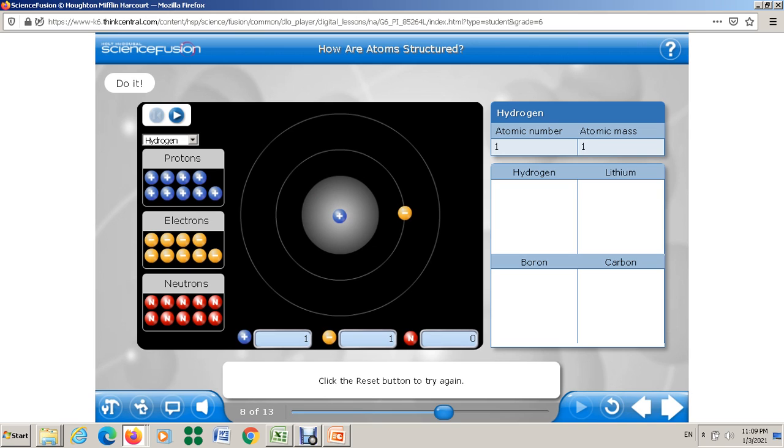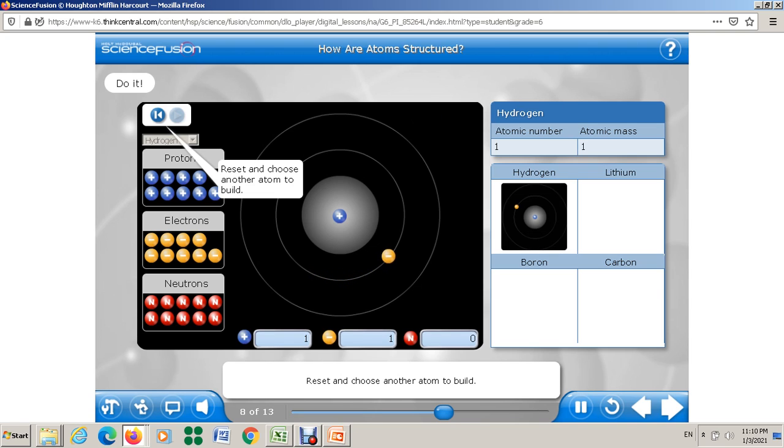They said 1, which means the number of protons plus the number of neutrons is only 1. So no neutrons, as you see here. Let's see if it's correct. That's correct. This is the structure of the hydrogen atom. Hydrogen is the lightest and most abundant chemical element in the universe. Capture an image of the completed atom.